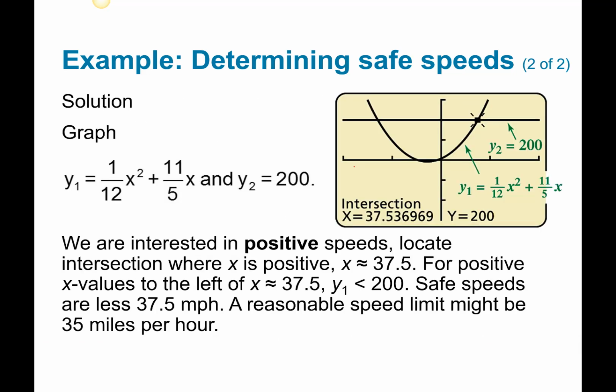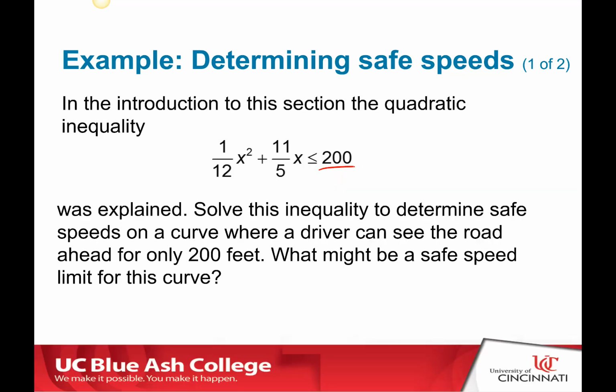Okay, here let's go forward a little bit. Okay, so let's see what's going on. The road ahead for only 200 feet. You can only see the road ahead for 200 feet. Do you understand what's going on here?